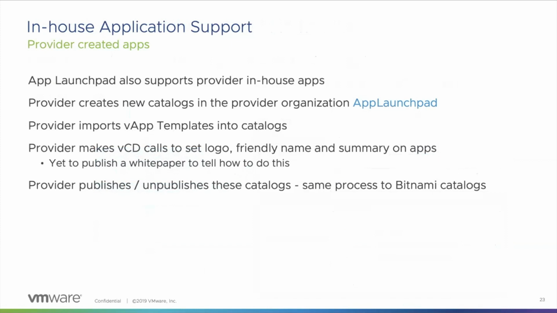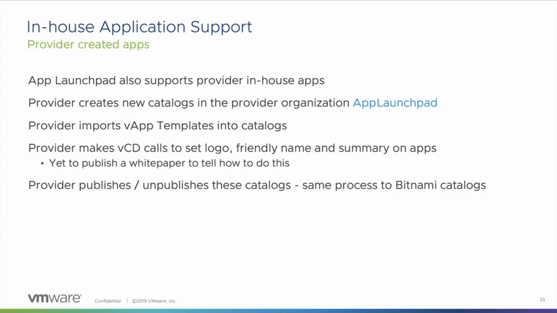Now, for in-house applications, we do support service providers adding their own in-house applications as well, but it doesn't come with the out-of-the-box logos and descriptions. So the process for adding an in-house application is that the provider would create a new catalog in the App LaunchPad organization. So this has to be separate catalogs to any catalogs that the marketplace is pushing to, and they would import their vApp templates into these catalogs. Then the provider could make calls to the VCD API to set logos, friendly names, and descriptions and summaries on their applications.